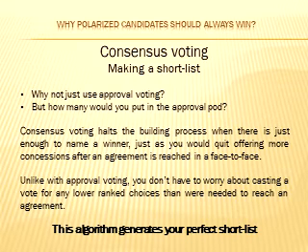You may have noticed that this step-by-step procedure amounts to building an approval pod, or in other words, a list of top candidates equal in value. So why not just use approval voting? And how many would you put in your approval pod?